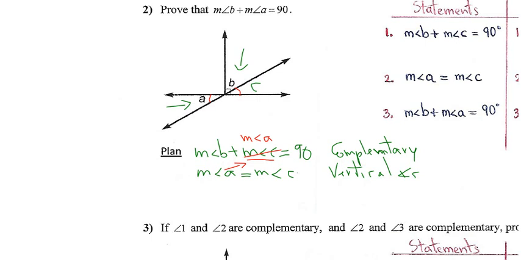And so that's how we get to our conclusion: the measure of angle B plus the measure of angle A is equal to 90. So I'm going to write that here. Measure of angle B plus measure of angle A is equal to 90. And what we did, we simply substituted. So we use substitution.